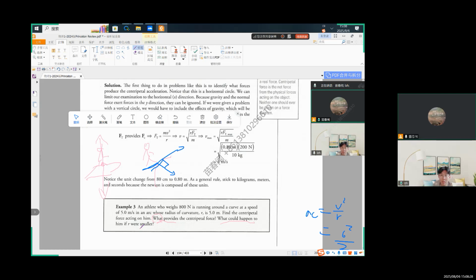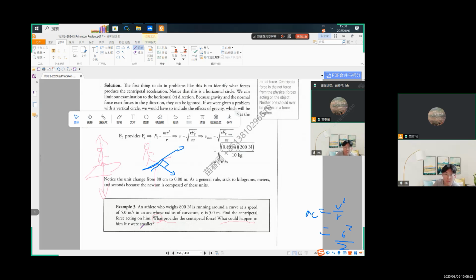But your static friction, as we learned, is limited, right? The ground can't provide unlimited force. That's why racing is sometimes dangerous. When you turn and want to save time, R is getting smaller, you think it's better, but you could lose control of the car because the friction is not enough.